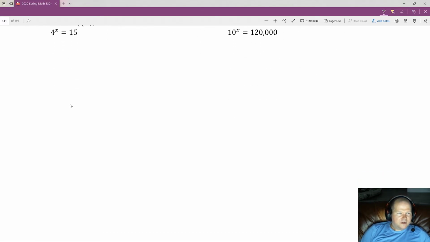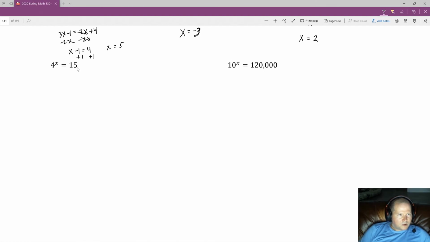So we have 4 to the x power is equal to 15. What we can do here is, there's a trick where if you take the natural log of both sides, we could pull this exponent, which is our variable, to the front, and that would give me x natural log of 4 is equal to the natural log of 15.